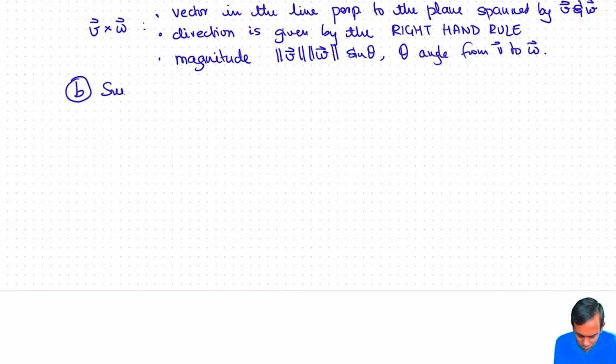Suppose we know that S squared plus the magnitude of W squared, let's say V squared, I'll use the same notation as before, is not equal to 0.